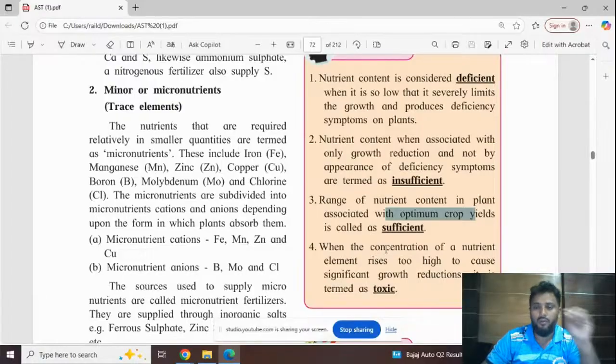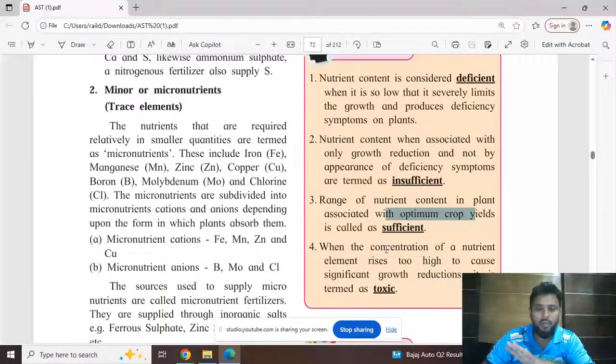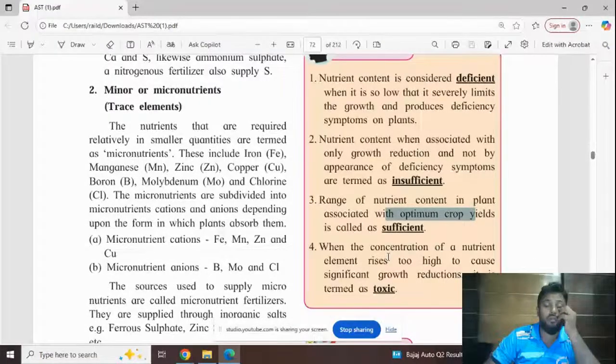If more fertilizer is applied than recommended, there will be a bad impact on the plant. There will be growth reduction. Then there will be a scorching effect. The plants are going to look like they have been burnt, because these fertilizers have an effect on the plants if applied in more quantity than the recommended dose.